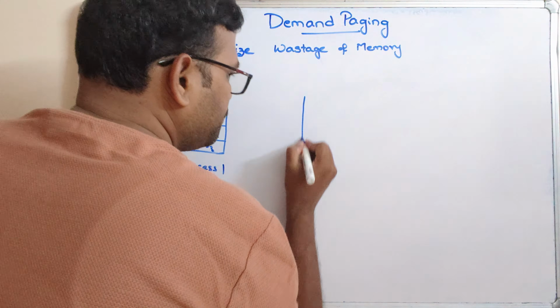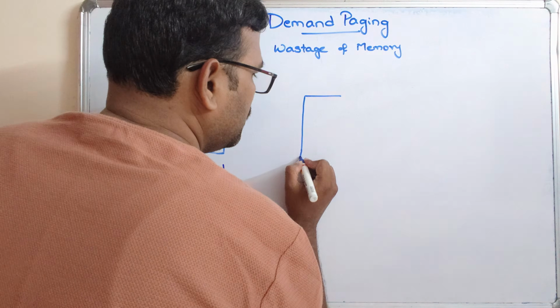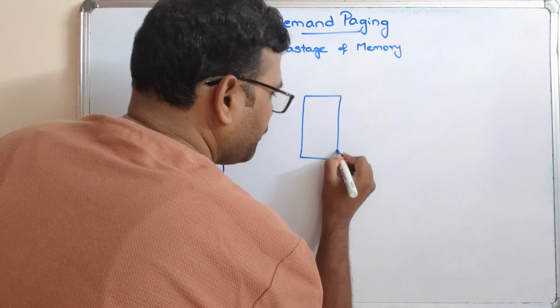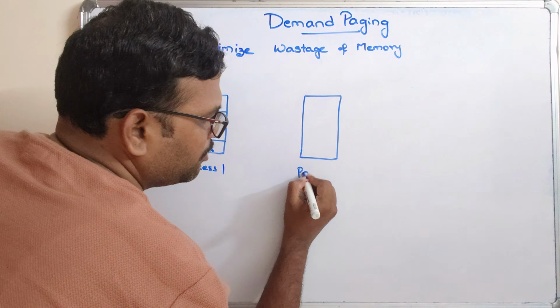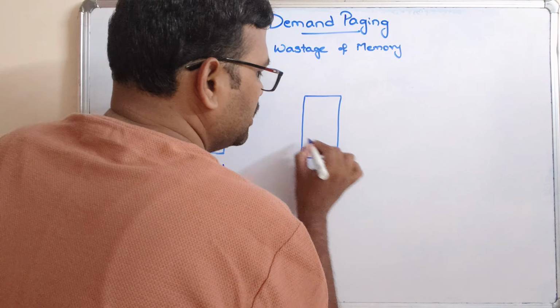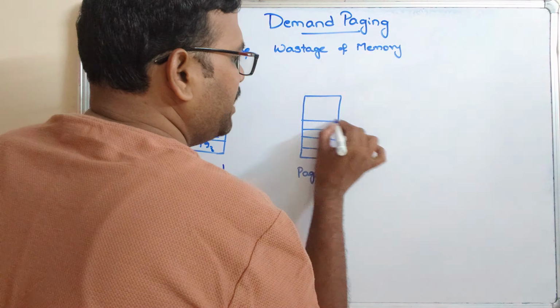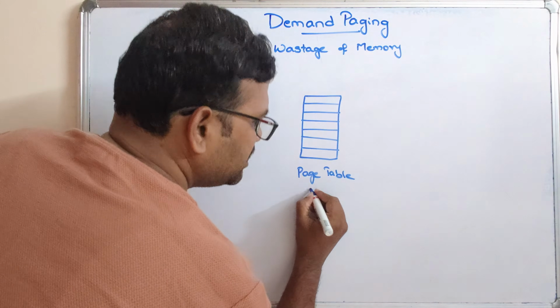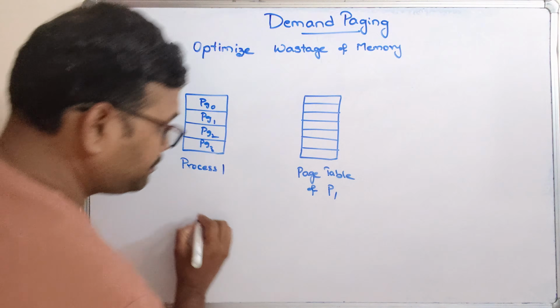And this is a page table. We know that the page table will have all the entries. So this is the page table of P1.